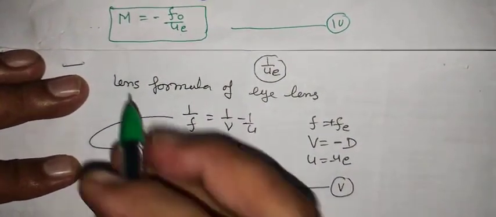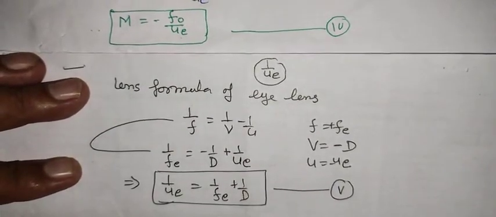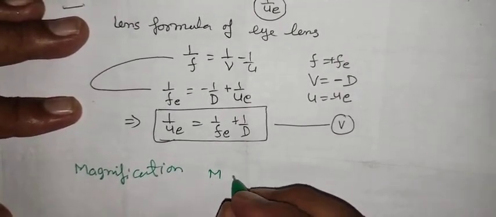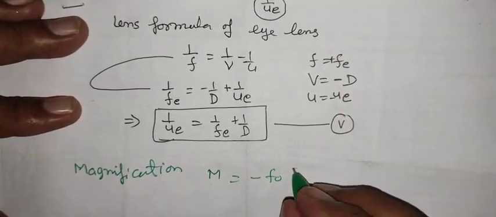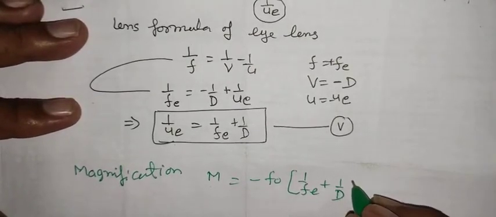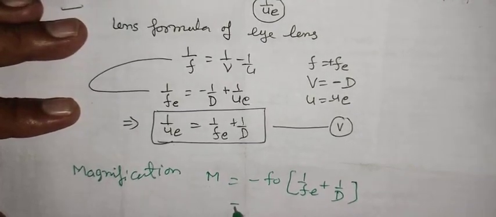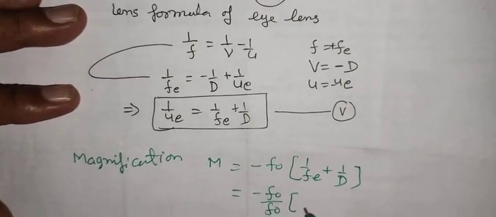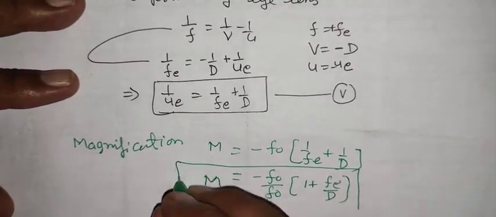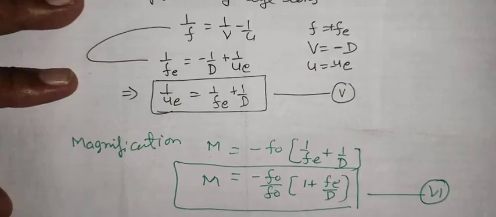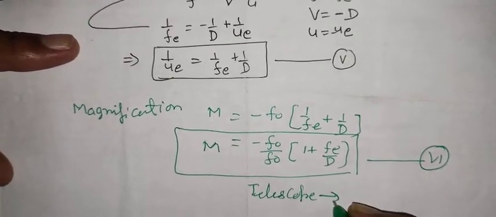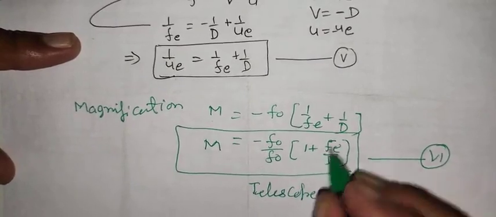When we keep this value in equation number 4, see the formula for magnification: M is equal to minus FO times 1 upon Fe plus 1 upon D. Taking Fe common here, M is equal to minus FO by Fe times 1 plus Fe by D. It is the formula to calculate the magnification produced by the telescope when the final image is formed at the least distance of distinct vision.